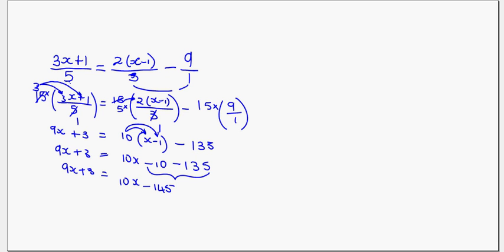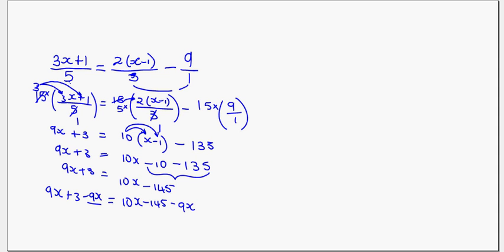So what I said is, let's take away 9x on the left-hand side, right here. And then we're going to do the same thing on the right-hand side, because we know whatever we do on the left-hand side, we must also do on the right-hand side.